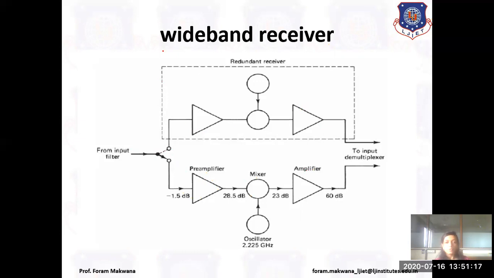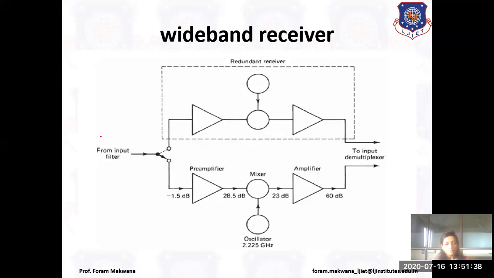This receiver is going to be selected only if there is any deficiency in the other receiver. If any block of this receiver is not working, then this switch is going to be connected to this redundant receiver.